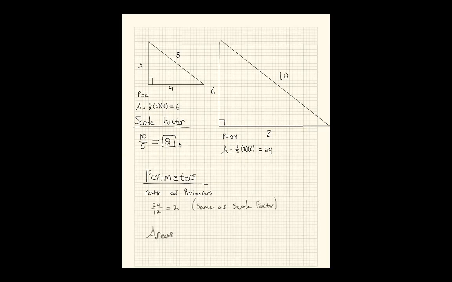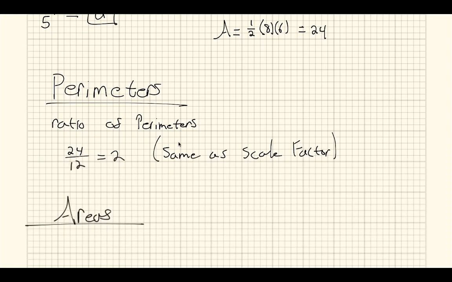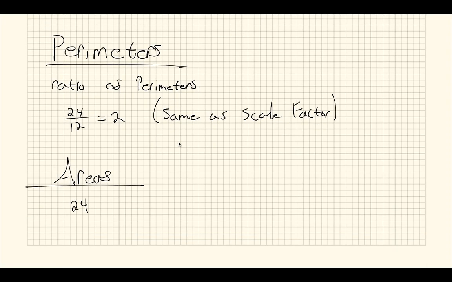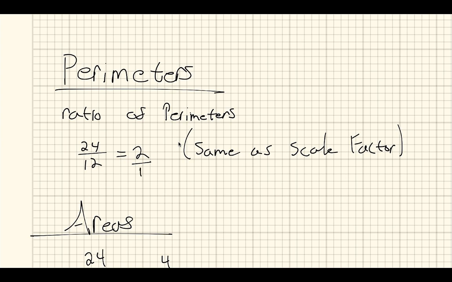So how do we get that? Well, the ratio of their areas is 24 to 6. If I reduce that, that reduces to 4 to 1. And I'll write this as a 2 to 1.